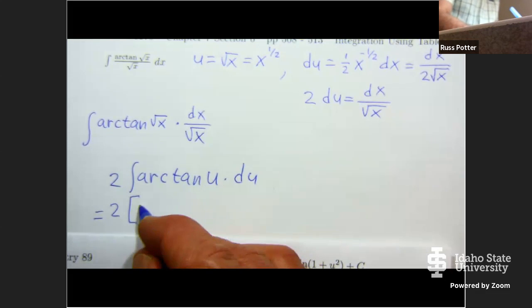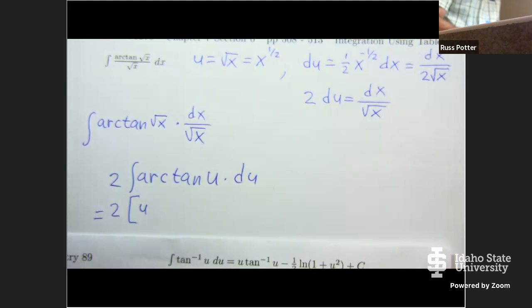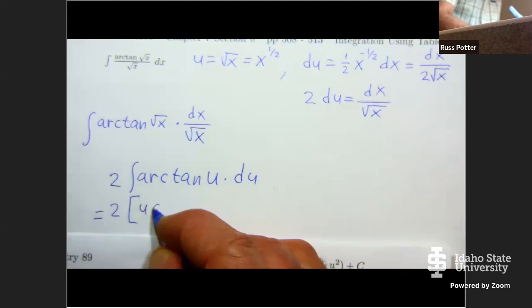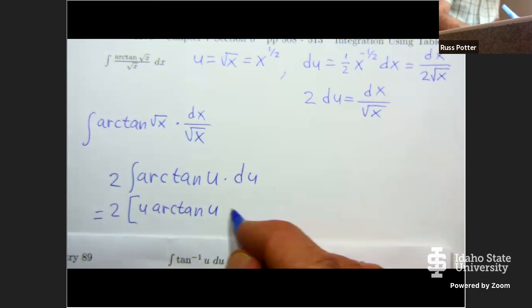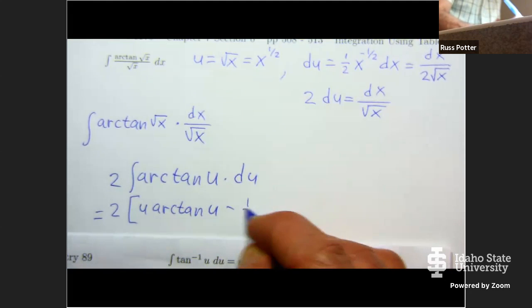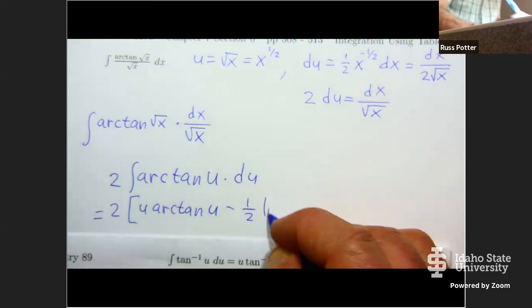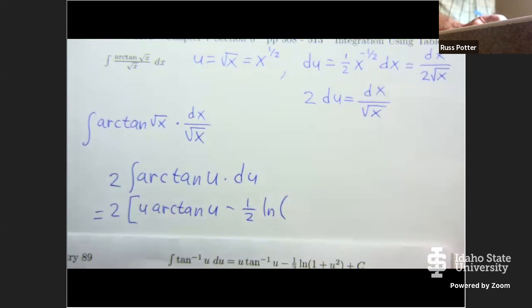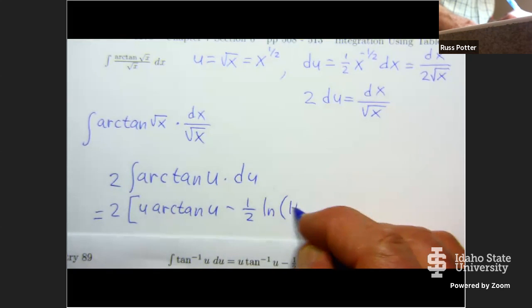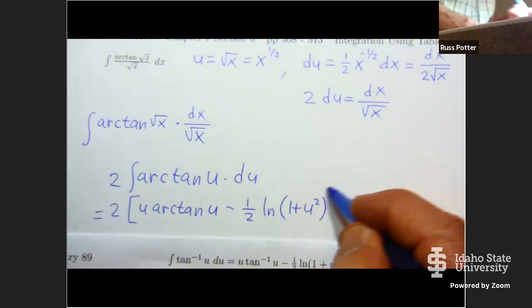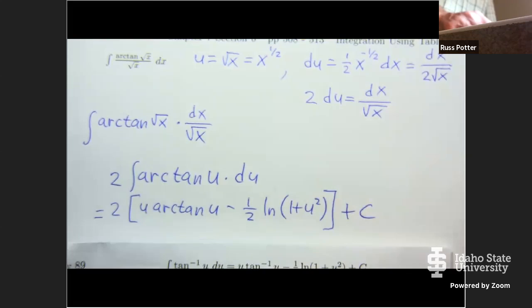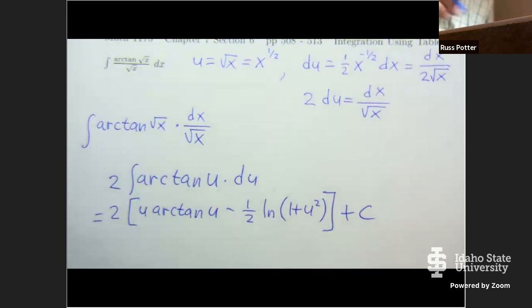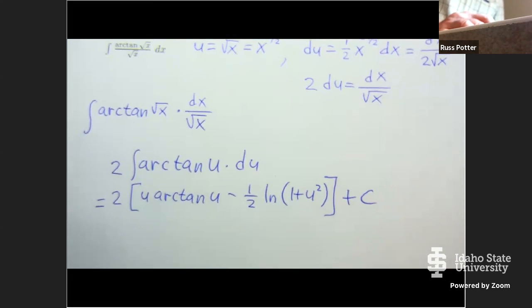So we have u times inverse tangent of u, but I'll go ahead and write arctangent of u minus 1/2 times the natural log of 1 plus u squared plus a constant. Okay, then in the next step, we'll do 2 things at once.